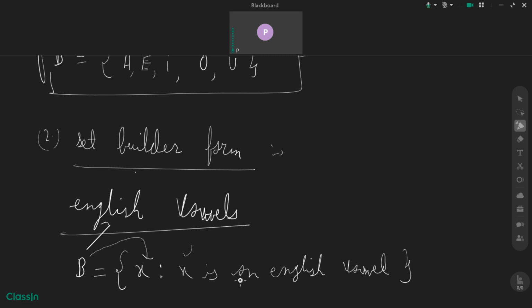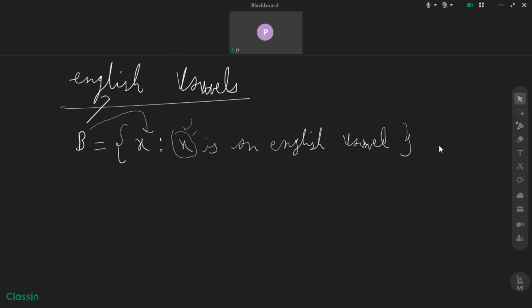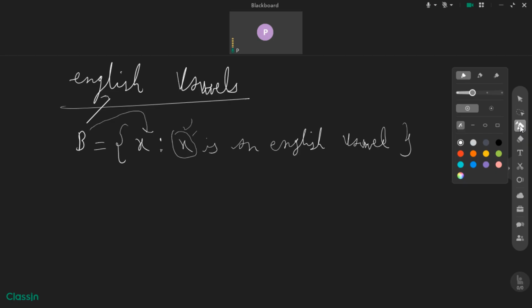We know that we have five English vowels, A, E, I, O, U, which means that X represents A, E, I, O, U, and this representation of a set is known as set builder form. Let us look at it in more detail by using a second example.